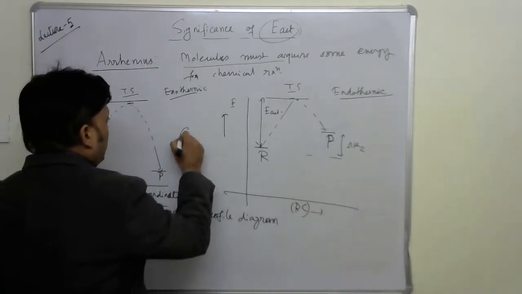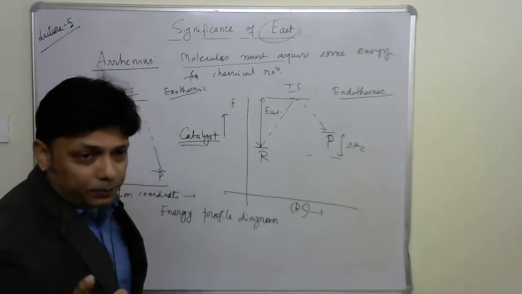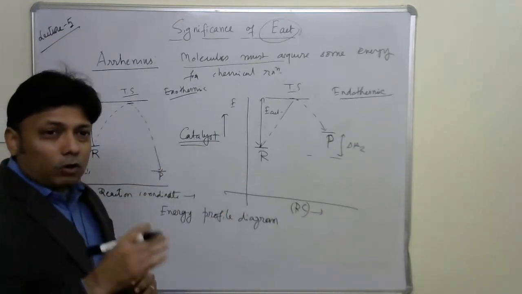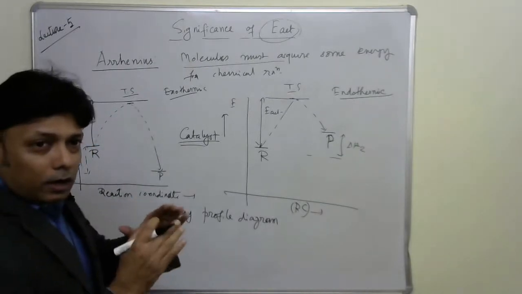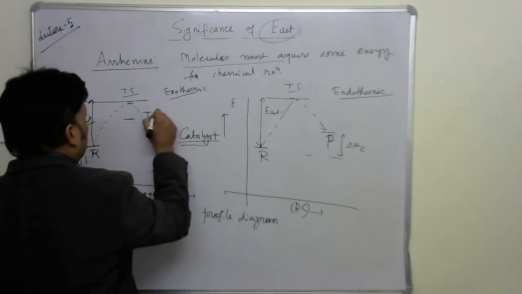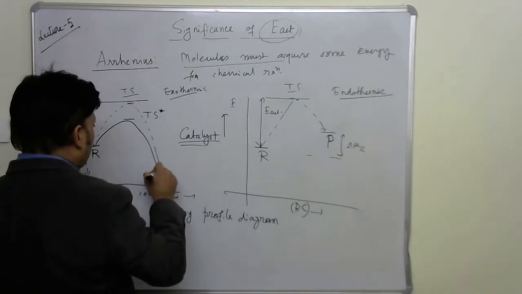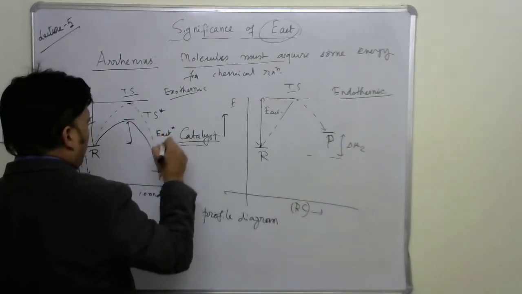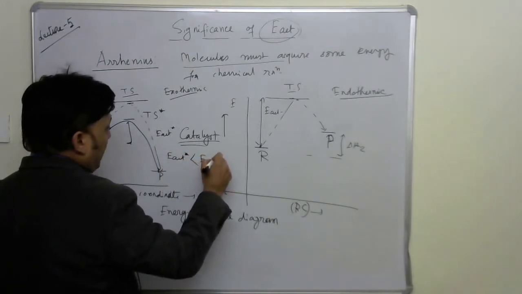So what does a catalyst do? A catalyst usually offers an alternate pathway that contains a lower energy transition state, or in other words, it has a lower energy of activation. So with a catalyst, this is the new transition state, and EACT star would be less than EACT.